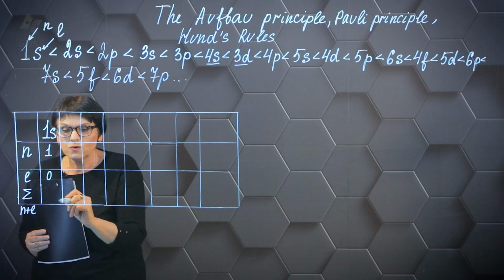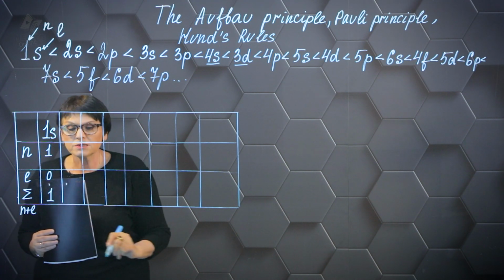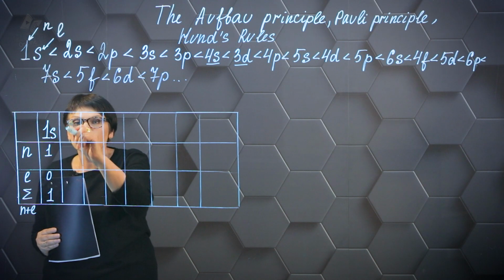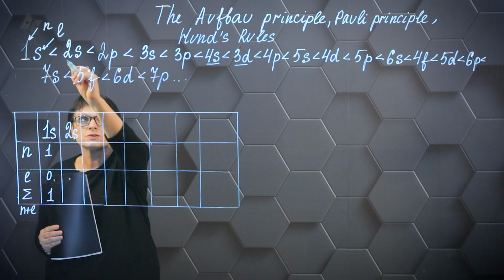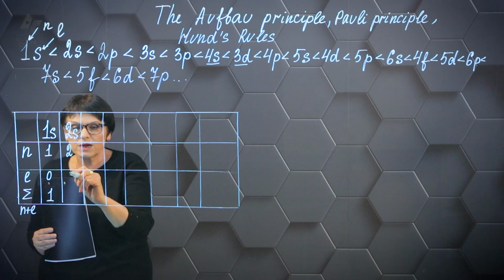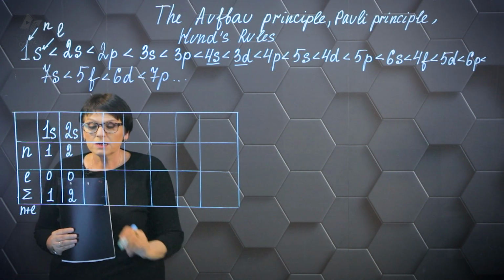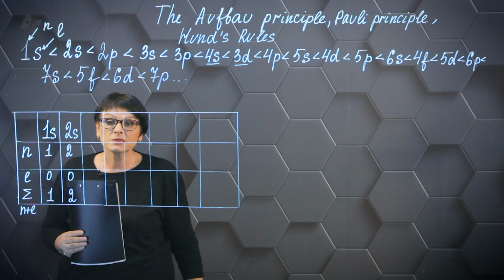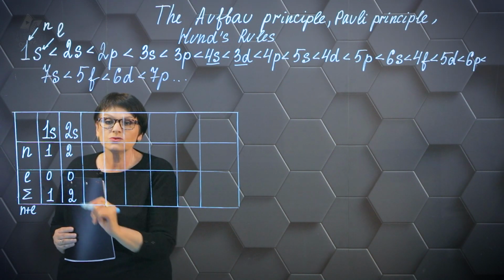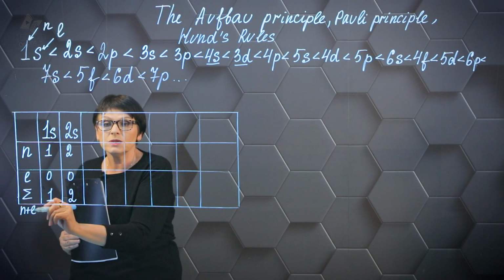So the sum in this case will be 1. Next, second level S, so I'm going by this principle. Then the principal number is 2, the orbital number is 0, and here the sum will be 2. As you can see, there is an increase. So the level and the sub-level that has the smallest sum, N plus L, should be in front.